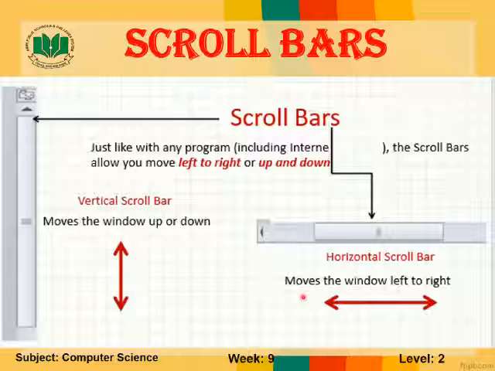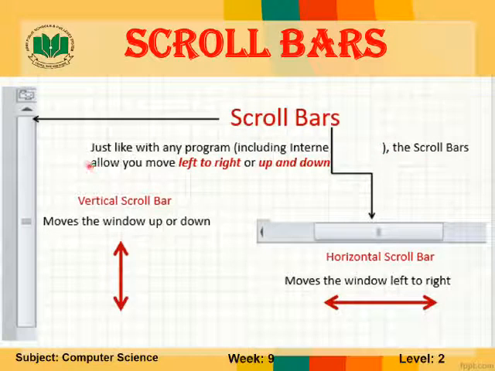And we use the horizontal scroll bar when we want to move the window left to right or right to left. Just like with any program including the internet, the scroll bars allow you to move left to right or up and down.